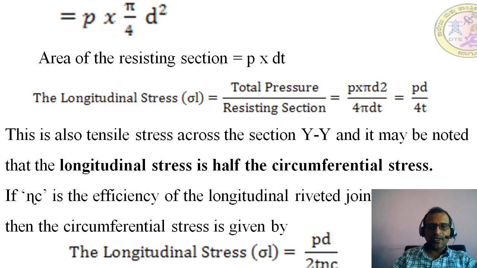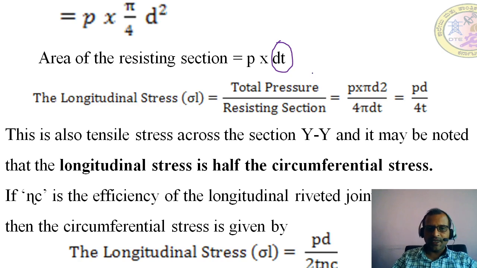So now the area of the resisting section. What is the area of the resisting section? It is dt. Area of resisting section is dt. So why is this called dt? Because it is going to fail in the longitudinal direction.